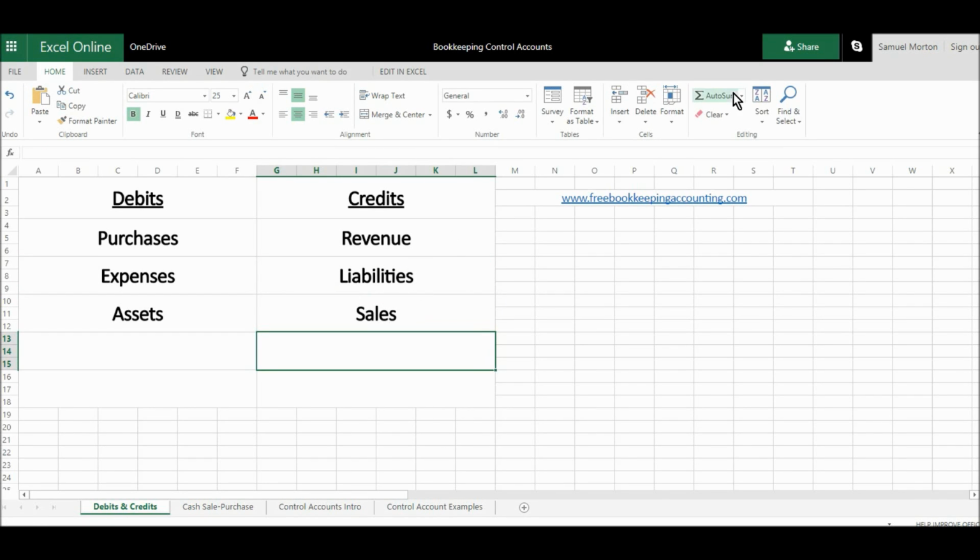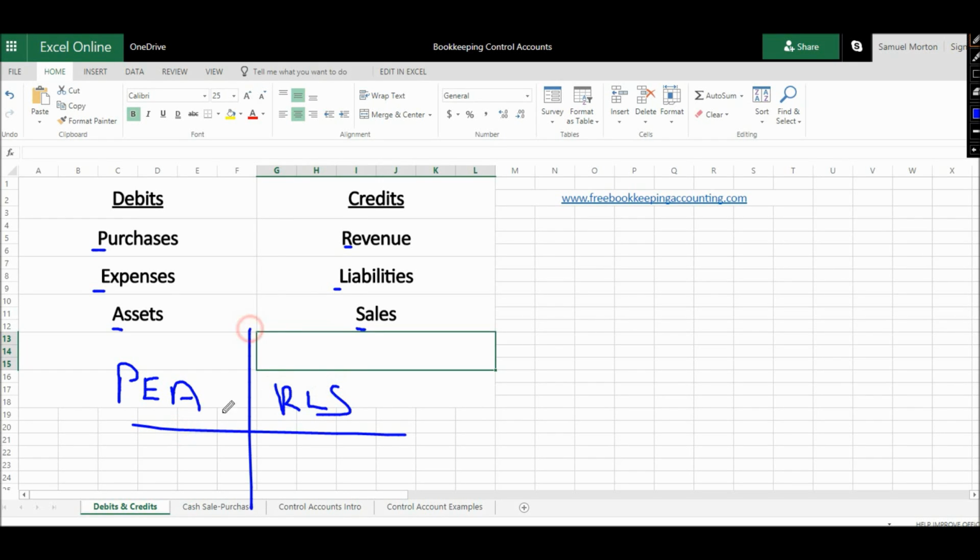Now the easiest way to remember this, or I find the easiest way to remember this, is PEARLS, and I've spoken about that in previous videos. So PEARLS, P-E-A, got P, and then R-L-S, and there we have it, PEARLS. So here are debits, and here are the credits.